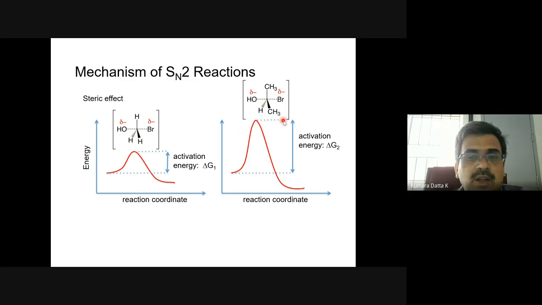Now we are looking at the mechanism, especially the reaction coordinate graph. If you put more methyl groups, what happens? If you keep more methyl groups, you need to activate the reaction with a larger energy as compared to the smaller energy for one methyl group, as compared to two methyl groups. So you almost need double or three times the energy.